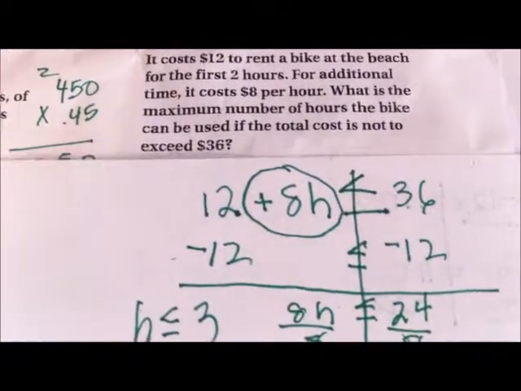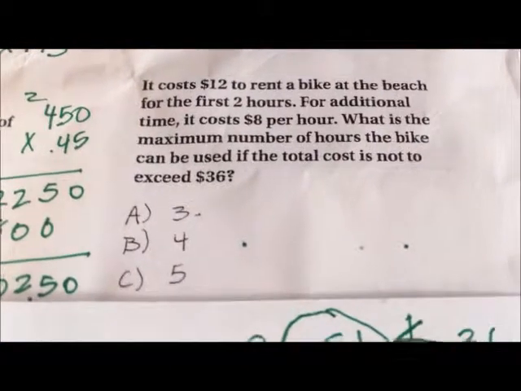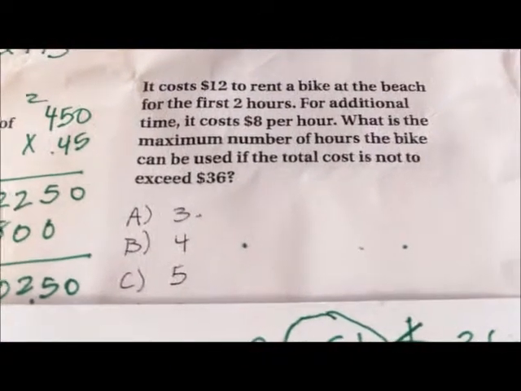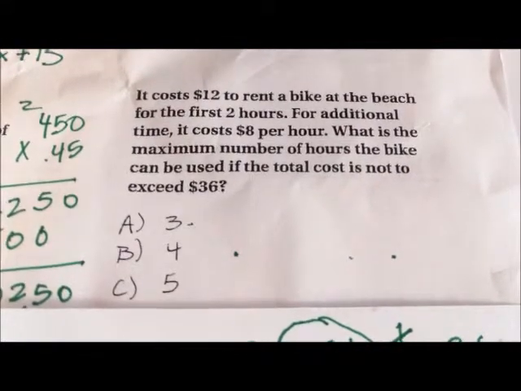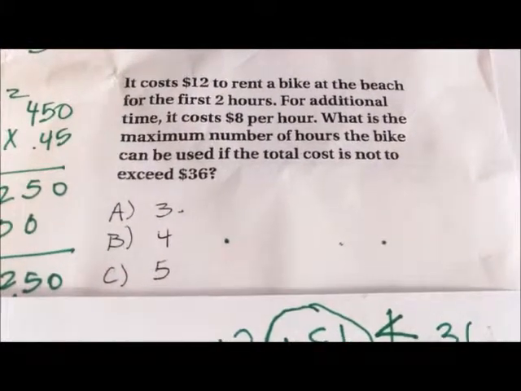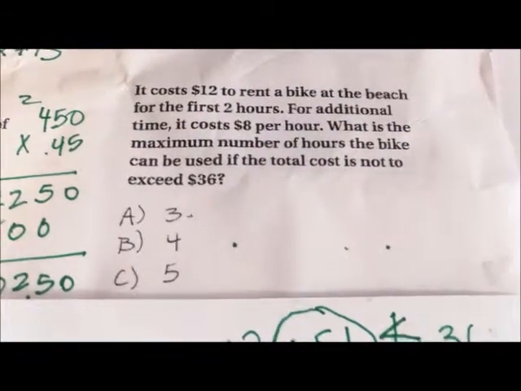The total number of hours I can rent the bike and not spend more than $36 is 5 hours. That would be letter C. First 2 hours cost me $12. The next 3 hours cost me $24, and total cost was $36 for 5 hours.